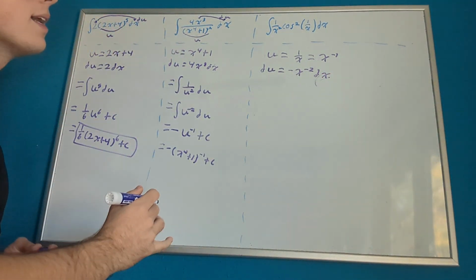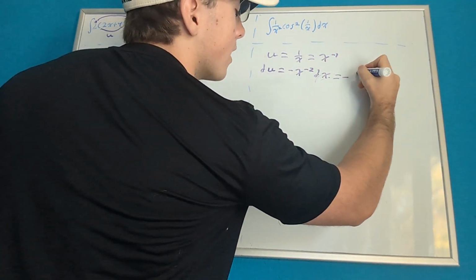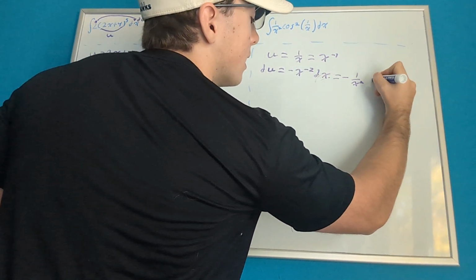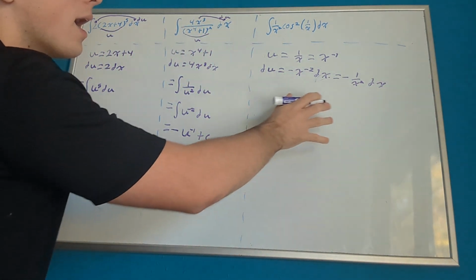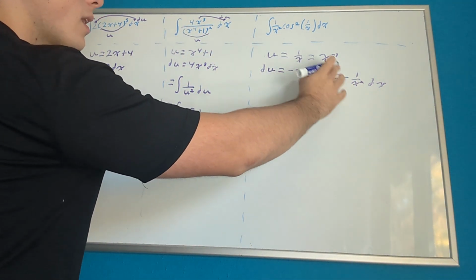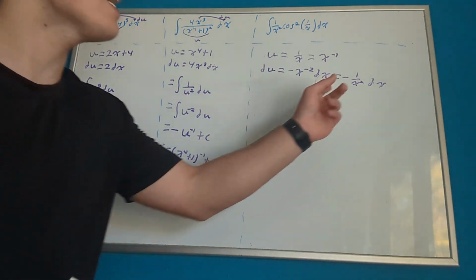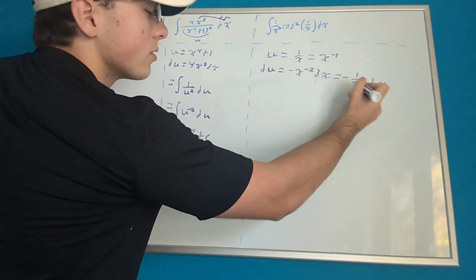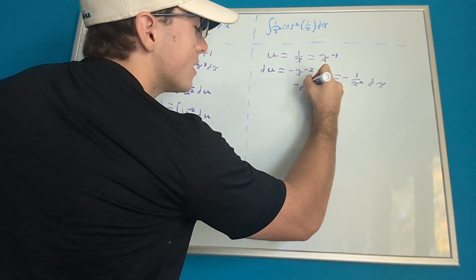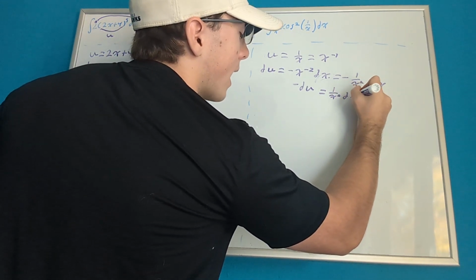Right? Then, let's take a look up here. Well, this equals negative 1 over x squared dx. We almost have that, but because we have 1 over x squared and we have dx, but this is negative 1 over x squared dx. So what we're going to do is multiply both sides by negative 1, and we get negative du equals 1 over x squared dx.